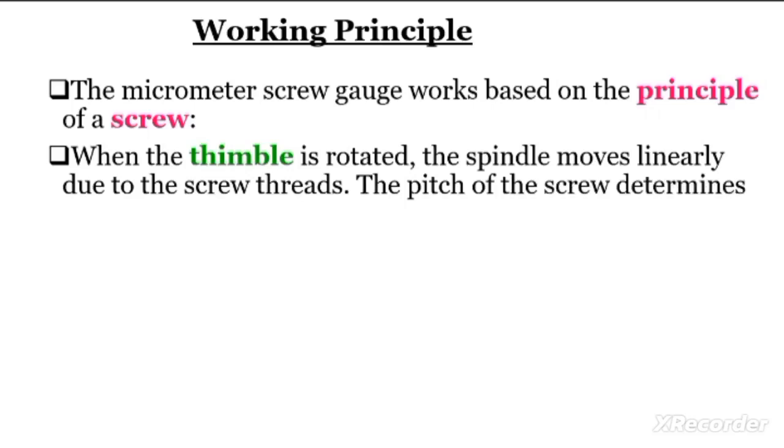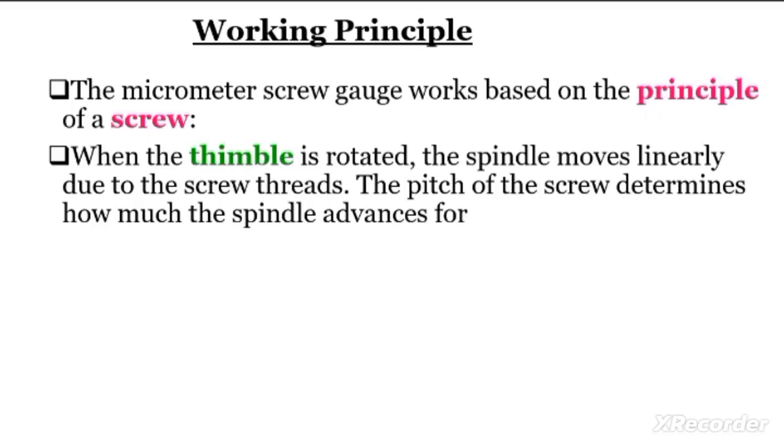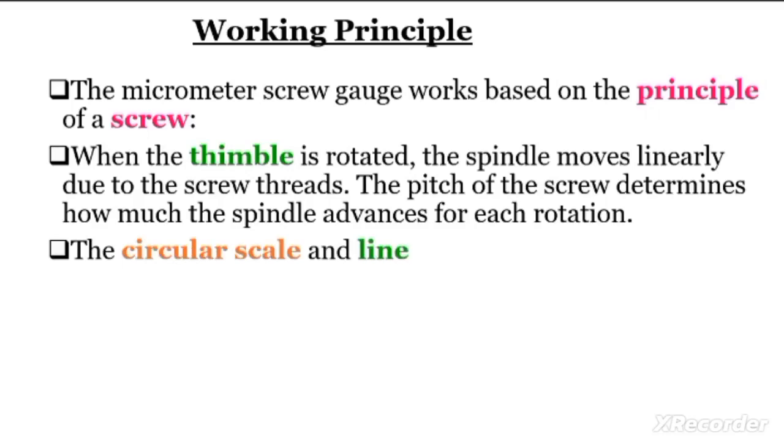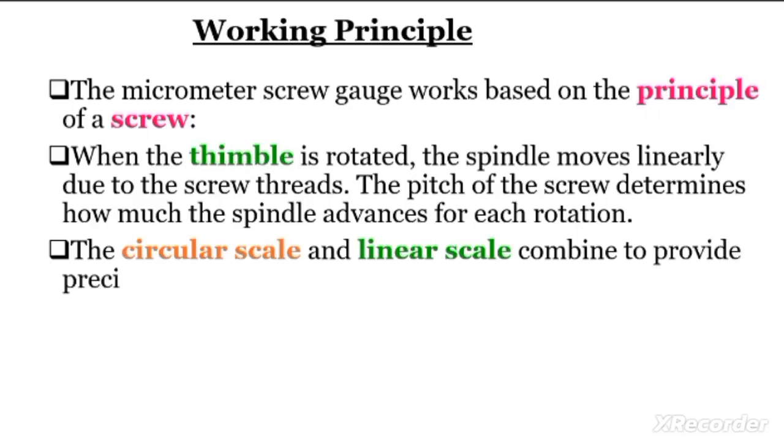When the thimble is rotating, the spindle moves straight or linearly due to screw threads. The pitch of the screw determines how much the spindle advances for each rotation. The circular scale and linear scale are combined to provide precise readings.